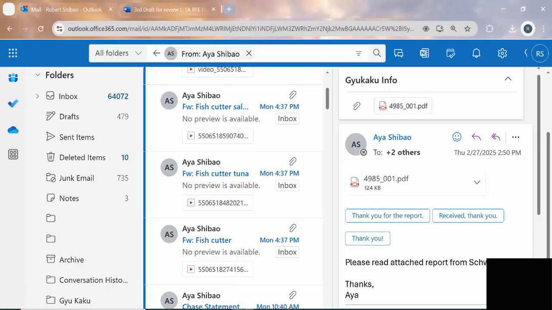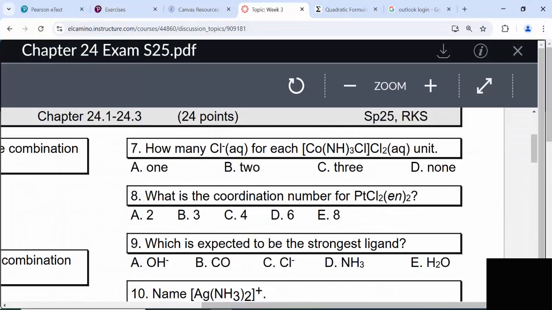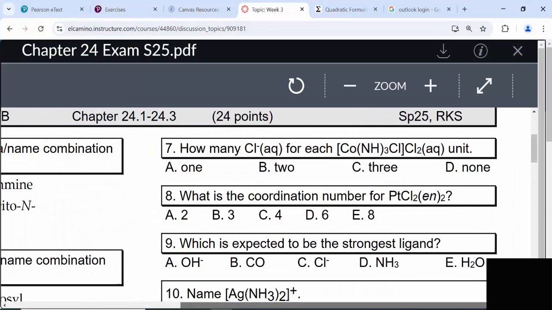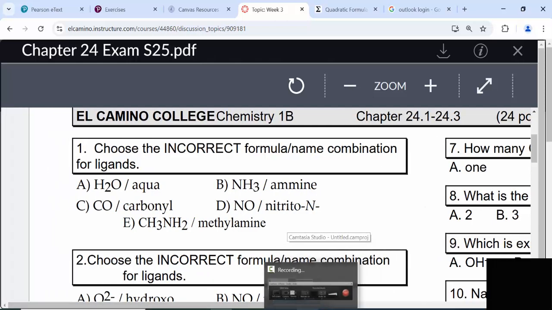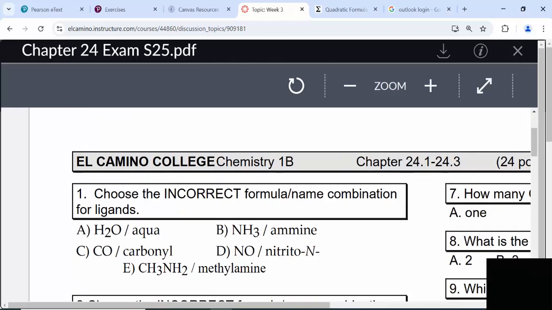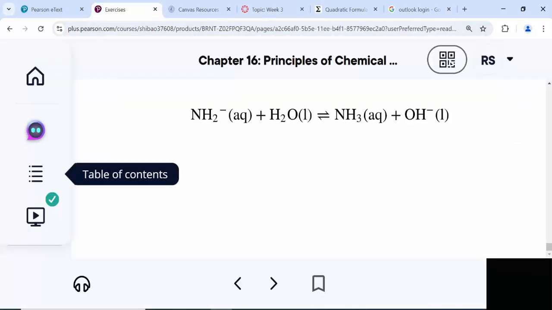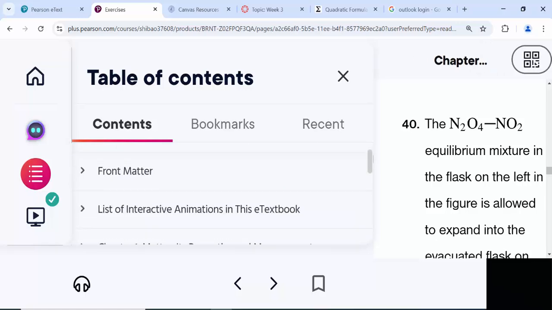So let's scan some of the homeworks. And then we're going to look at some of the problems here.